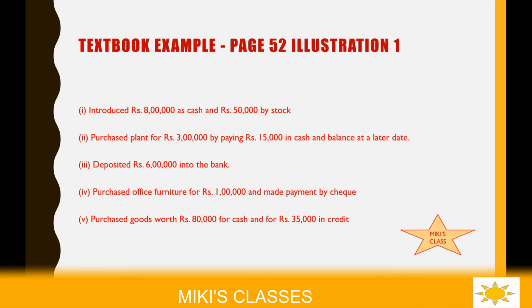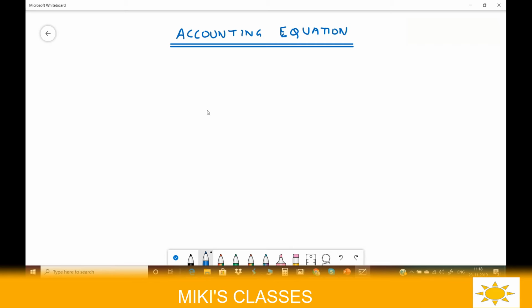What we'll do is we're going to discuss this example, which is on page number 52 of your textbook. So let us get into a little more detail about this accounting equation, which, as we've seen, says assets is equal to liability plus capital.